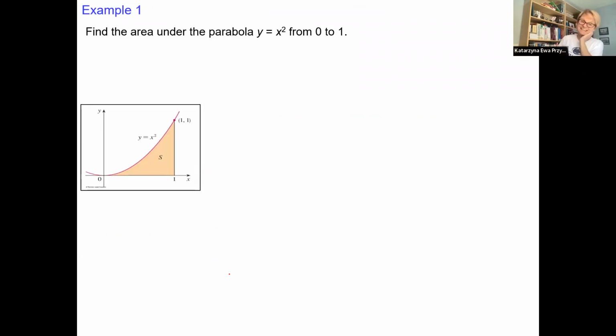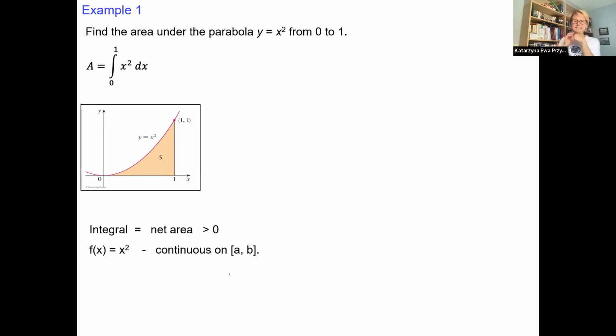So now I think we know the answer, right? What is the area under the parabola x squared from 0 to 1? We did the long way, the beautiful limit definition. It's 1/3. But now let's see. The integral will be the area because it's positive. The function is also continuous, and we have to remember we cannot accept discontinuity.